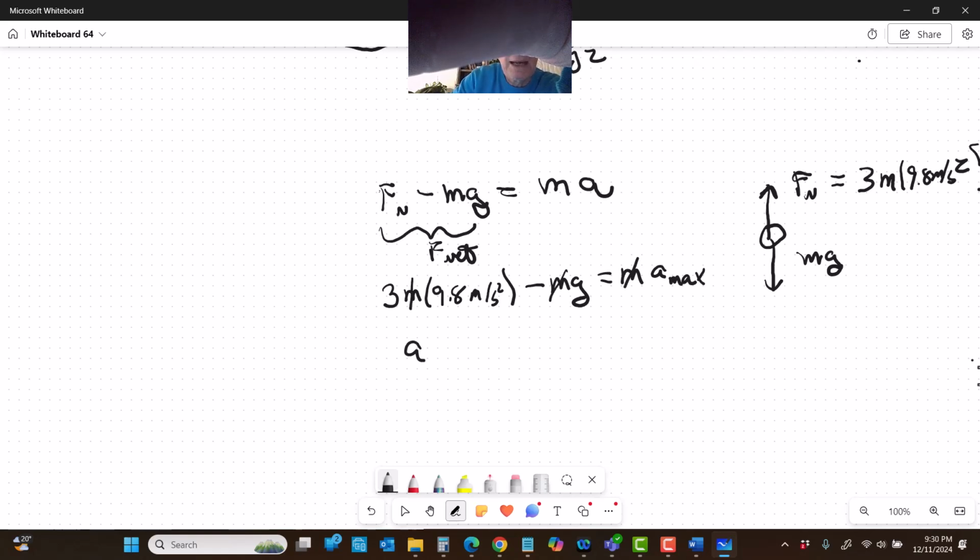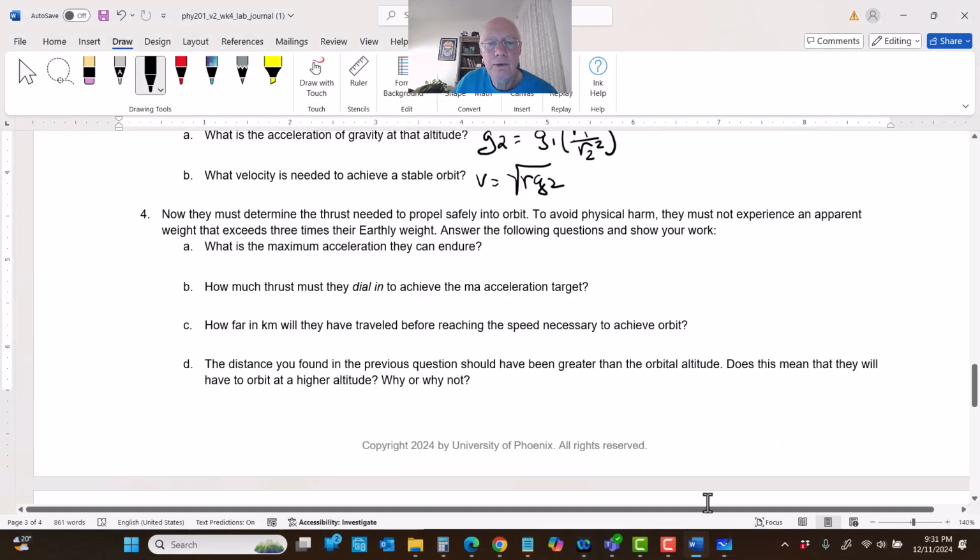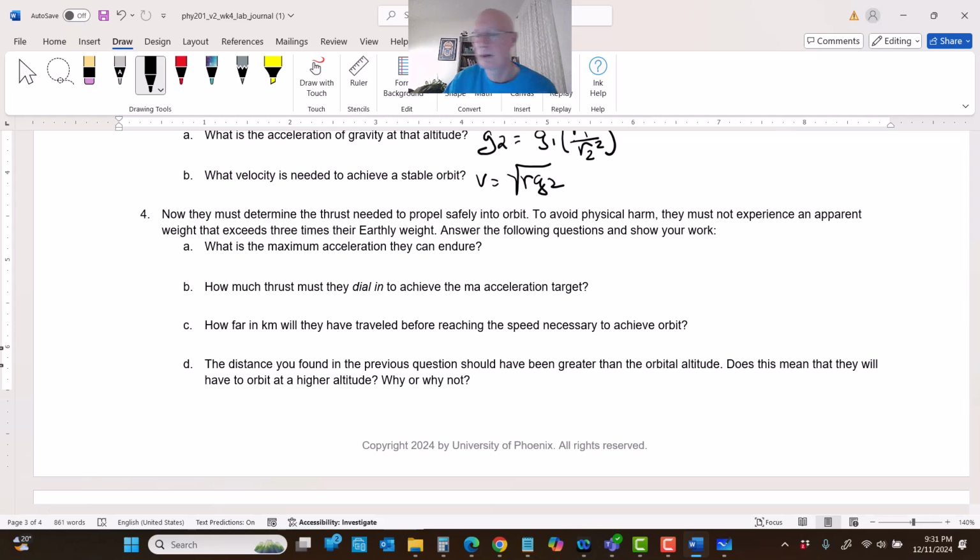So a max is equal to 3 times 9.8 meters per second squared minus g, where g is the acceleration of gravity on the planet. That's what you found when answering problem number 1. Okay, so that is what you need to calculate the maximum acceleration.